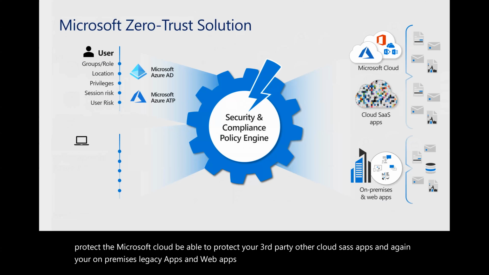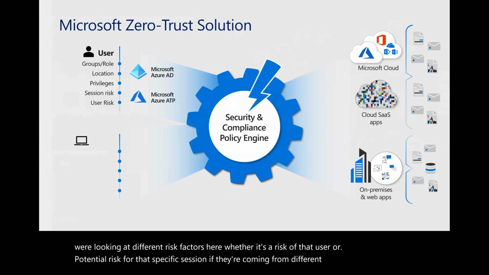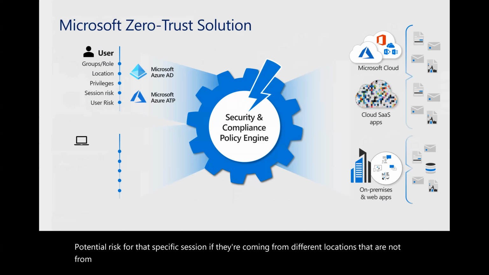So first part of that going in is your users. We're looking at different risk factors here, whether it's a risk of that user or a potential risk for that specific session if they're coming from different locations that are not normal. Does that user have access to that resource?